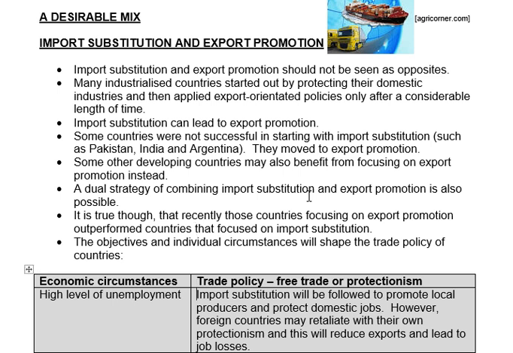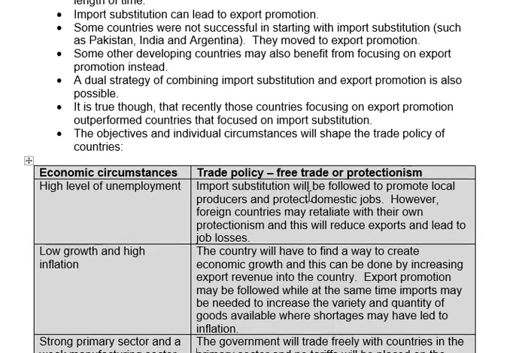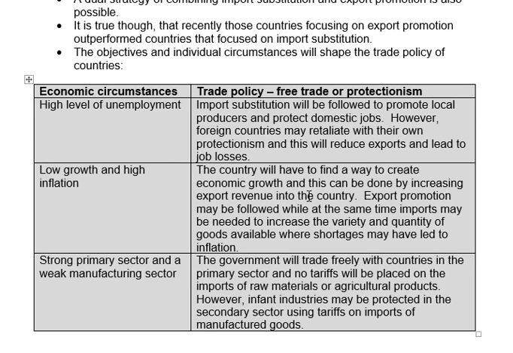We have 3 examples here. In a country where there are high levels of unemployment, the policy to choose would be import substitution, because it would create many jobs if we were able to start new industries.